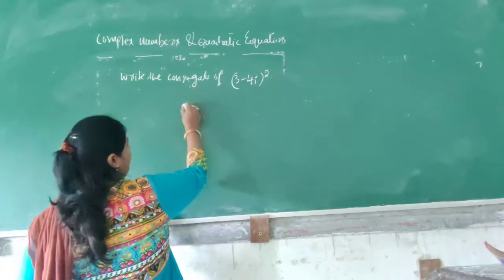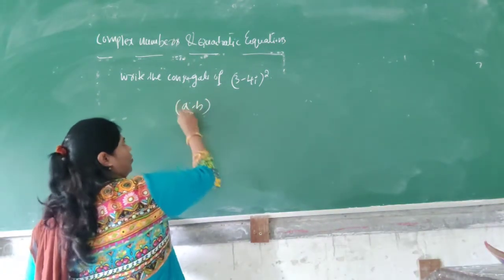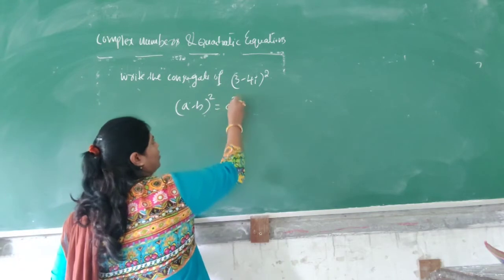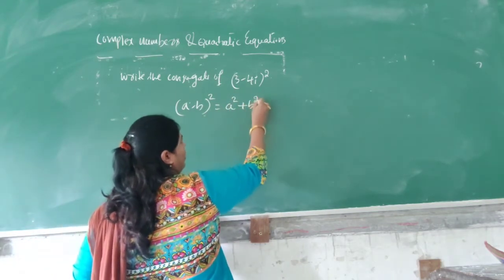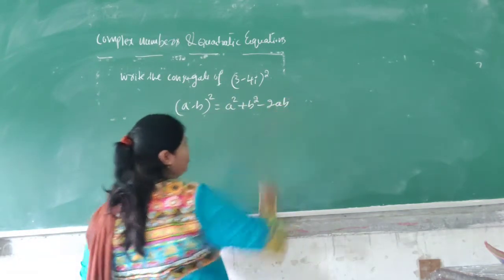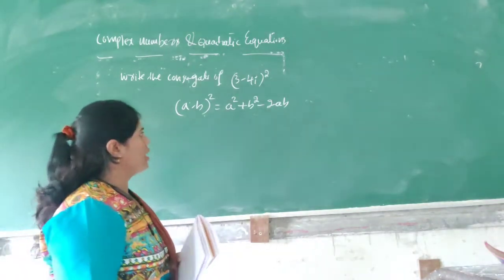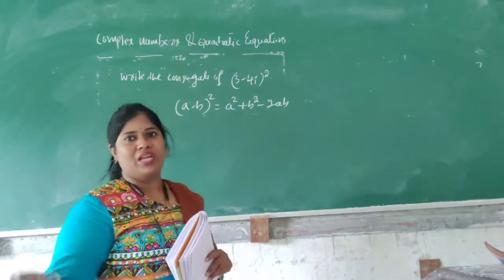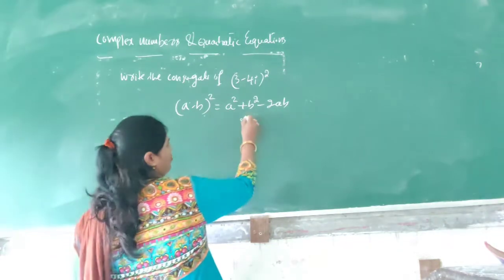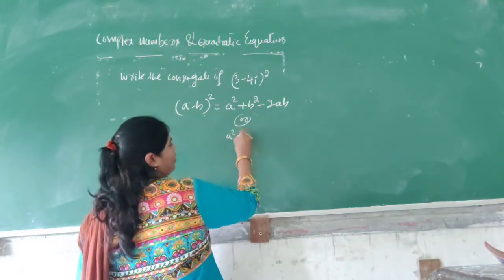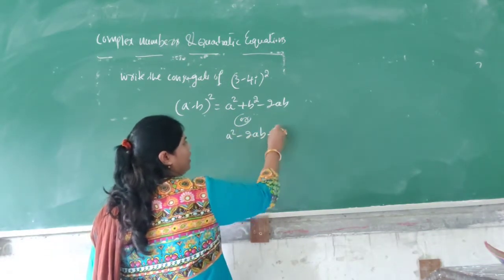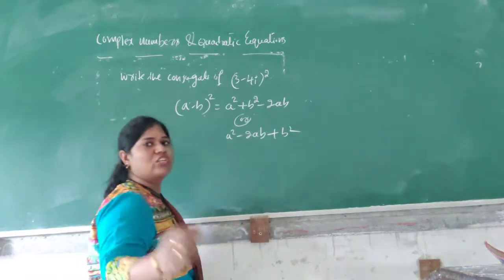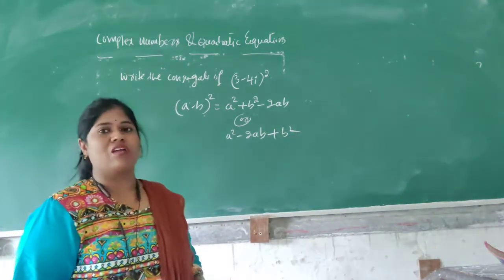So (a minus b) whole square is a square plus b square minus 2ab, or you can say a square minus 2ab plus b square. Both are the same. According to your convenience, you can solve it.